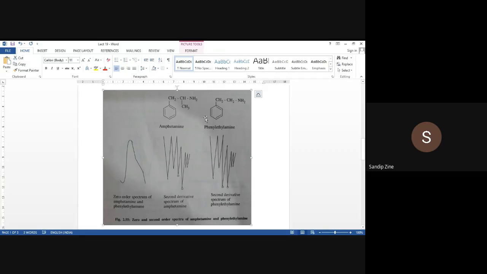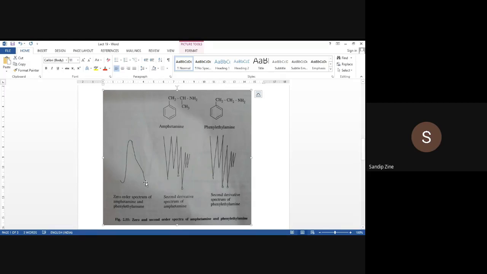When we scan these compounds at a zero order or normal spectrum, both compounds give somewhat similar patterns in lambda max value and spectra. If you see over here, the zero order spectrum of amphetamine and phenylethylamine, this is the kind of peak we get, isn't it?